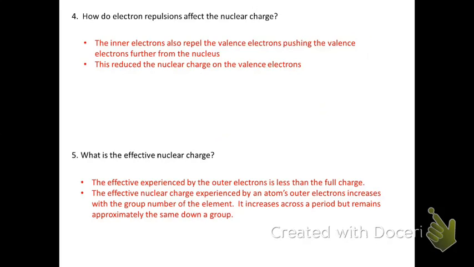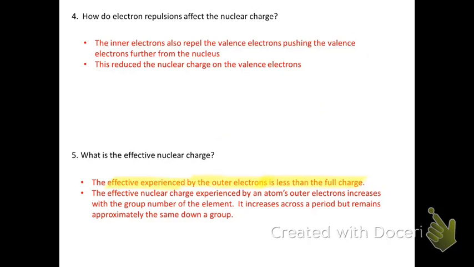Okay, and so here are some important points that you need to write down. The shielding and repulsion together create a new terminology called an effective nuclear charge. Essentially what that means is that the charge experienced by the outer electrons is going to be reduced so that it doesn't have a full attractive charge.